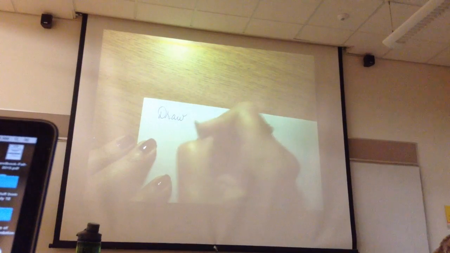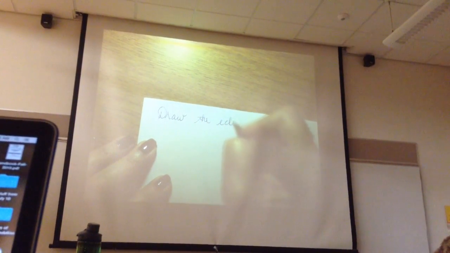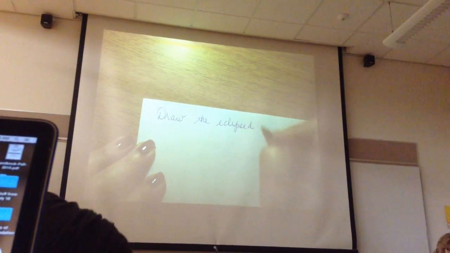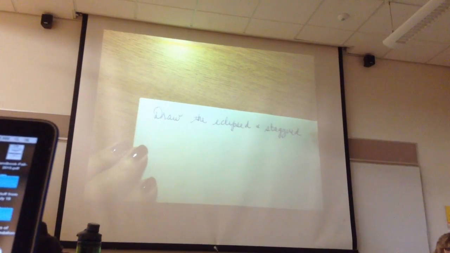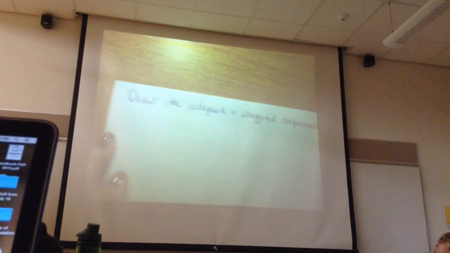So when I get to propane, I'm going to say something like this: draw the eclipse and stagger conformations of propane.